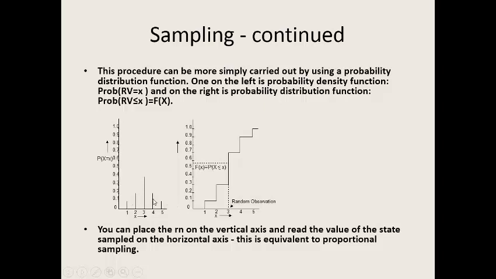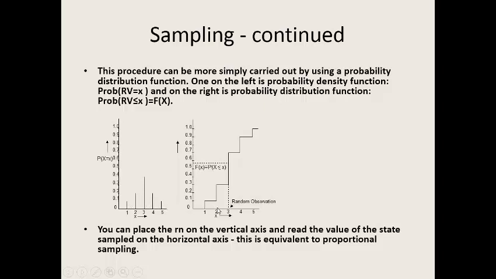Now if we convert this to the cumulative probability distribution, then it will look like this. This will be at 1, this is equal to this one.